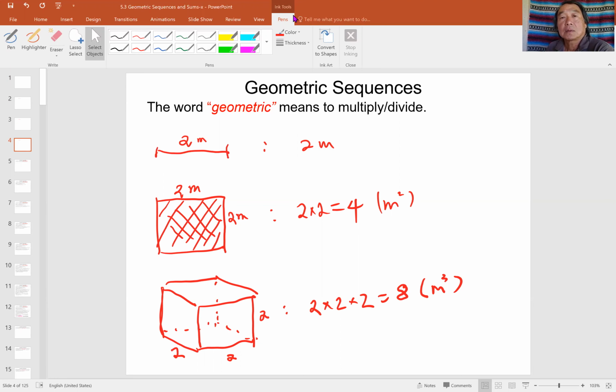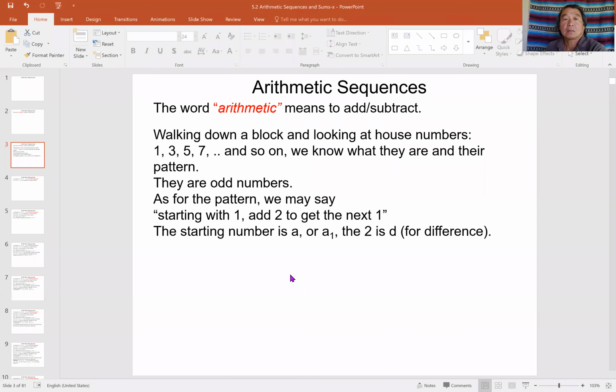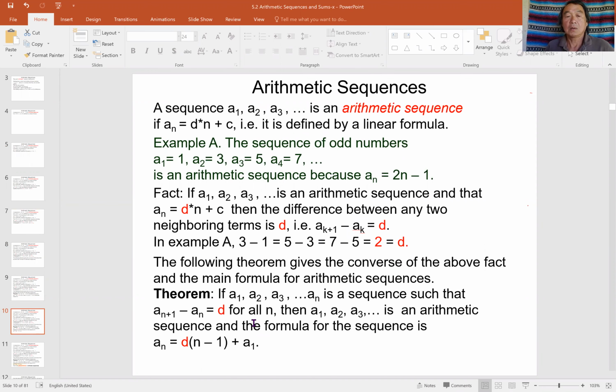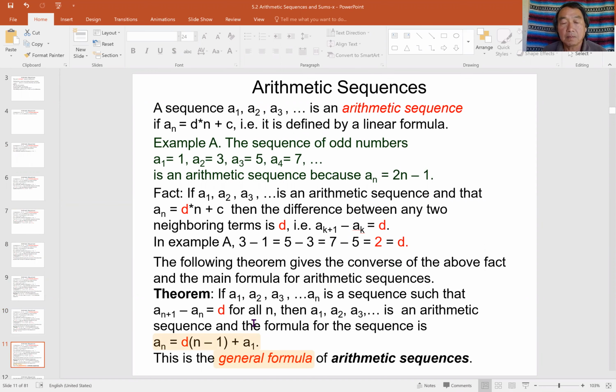What are we going to do with these geometric and arithmetic sequences? We're going to compute the particular formula for a particular sequence. For instance, for an arithmetic sequence, we will be given particular numbers like 2, 5, 8.